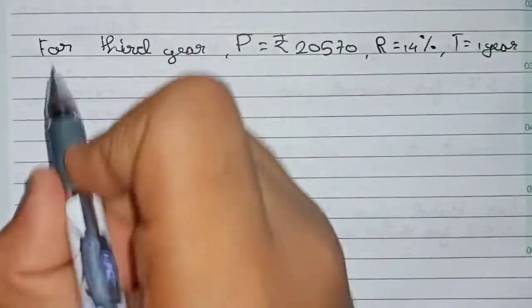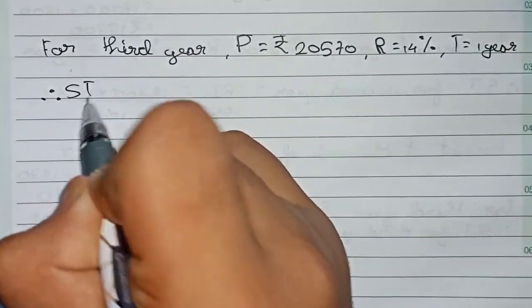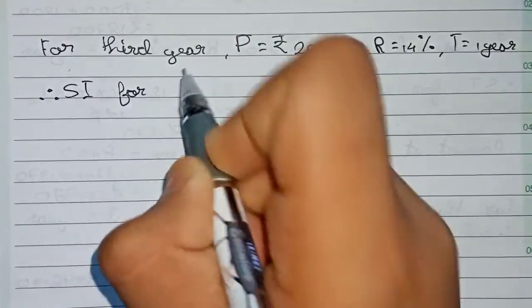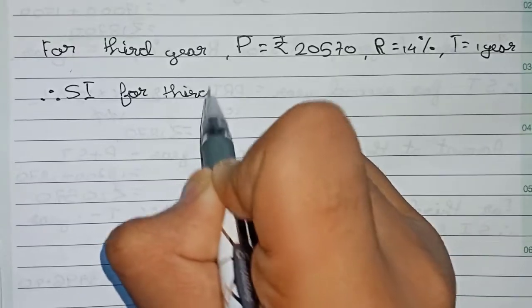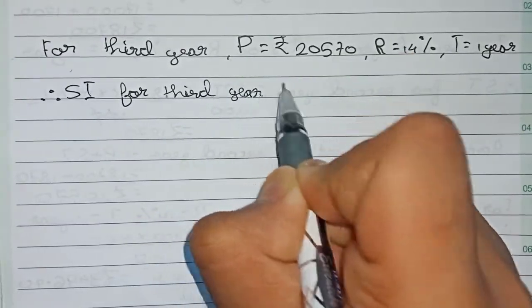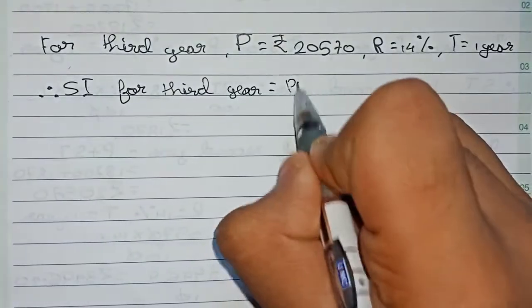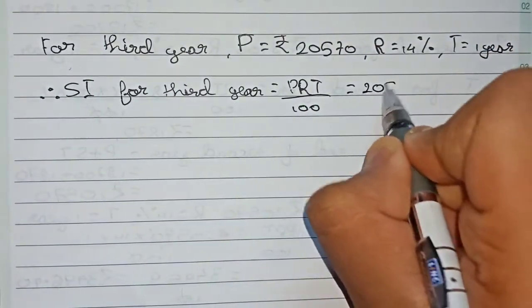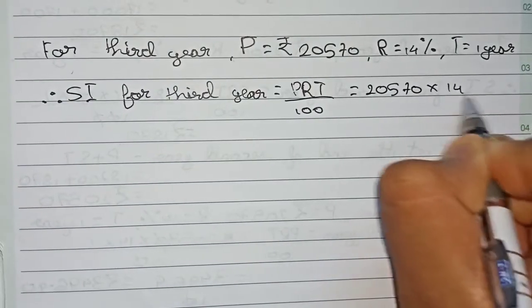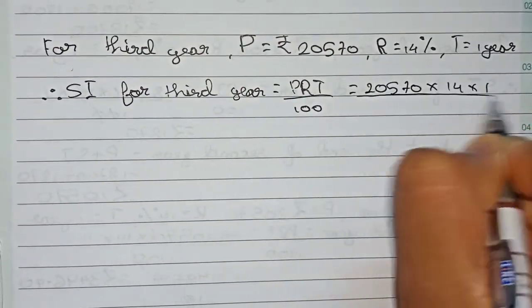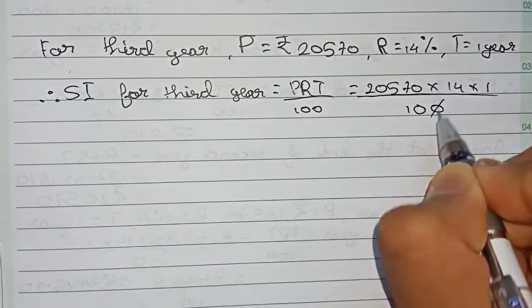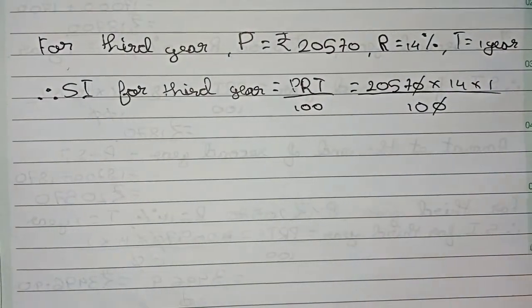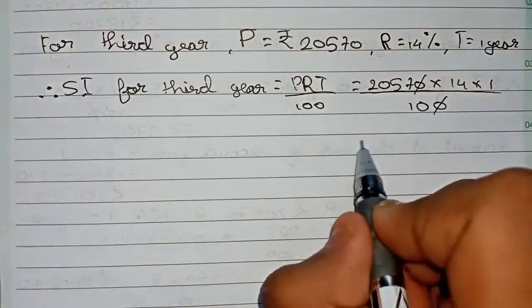So now the SI for the third year will be equal to, with the same formula, PRT by 100. Putting the values, 20570 into 14 into 1 by 100. We cut the zeros. I will not cut any more, as it will be easier since the bottom is 0.